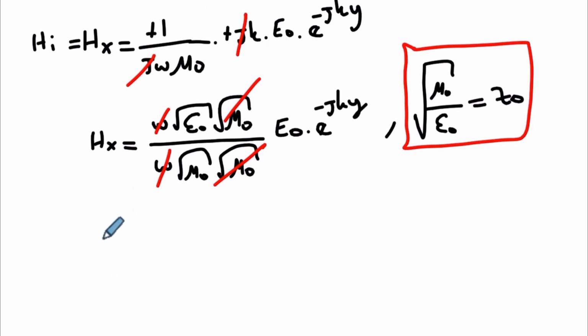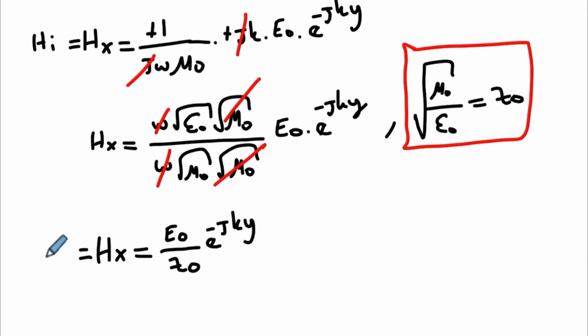I'm solving it piece by piece. From here, Hx equals: look, what is E0 multiplied by the square root of epsilon 0 over mu 0 equal to, friends? It's 1 over Z0, because mu 0 needs to be on top. Here, it's on the bottom. So, it is equal to 1 over Z0. I multiplied this by 1 over Z0. Z0 comes down. And e to the power of negative jky.